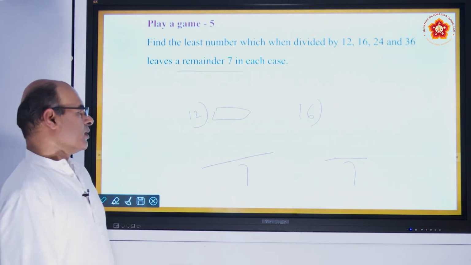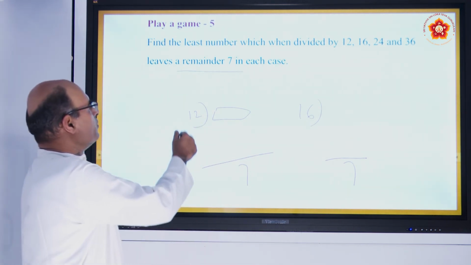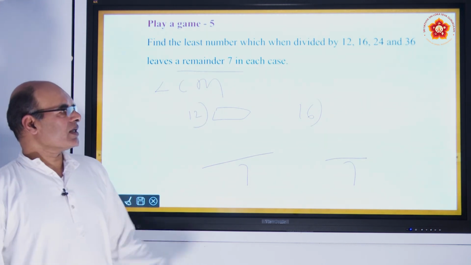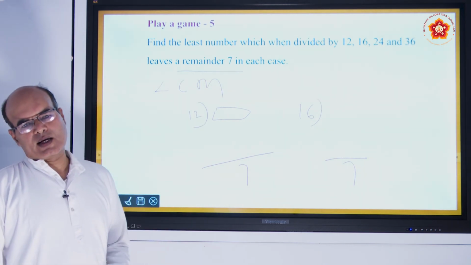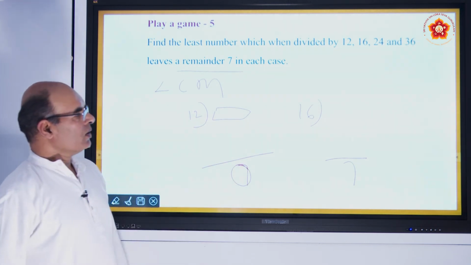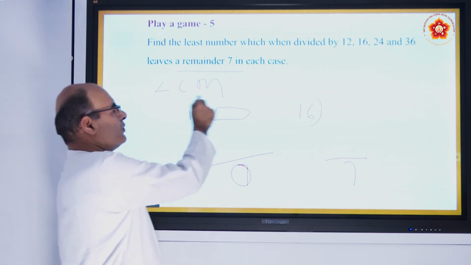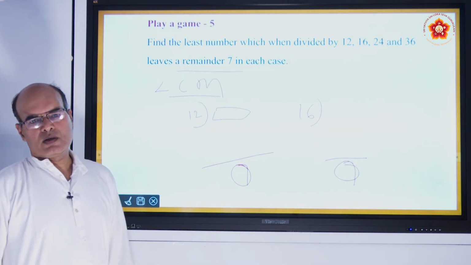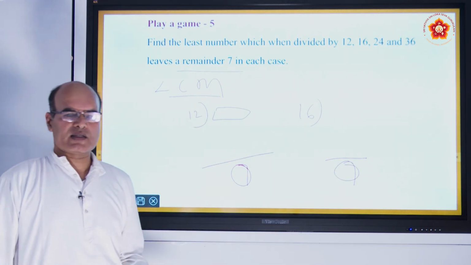So what may be that number? First let us choose a number which is the LCM of 12, 16, 24 and 36. When we divide that number by 12, we get remainder 0. When we divide the LCM of those numbers by 16, we get remainder 0. Similarly with 24 and 36.